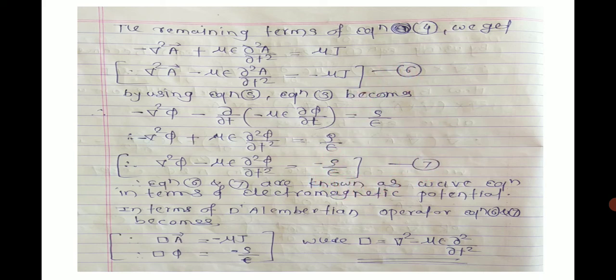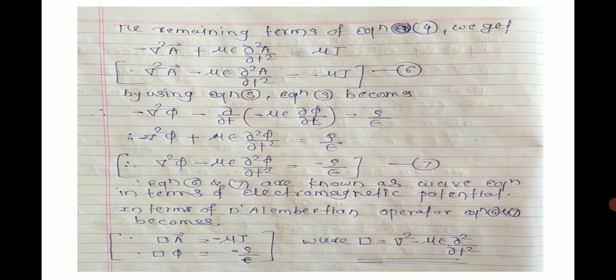This is equation number 7, and equations 6 and 7 are known as the wave equations in terms of electromagnetic potential.